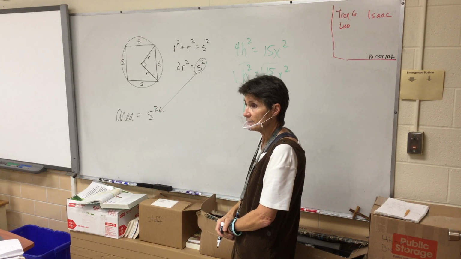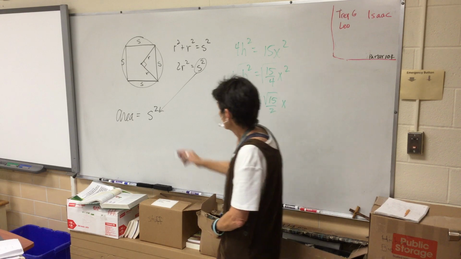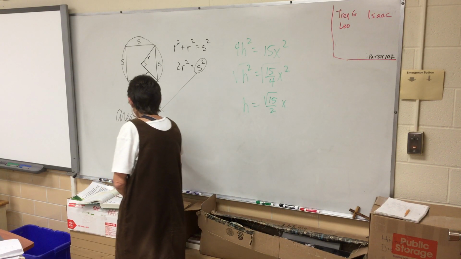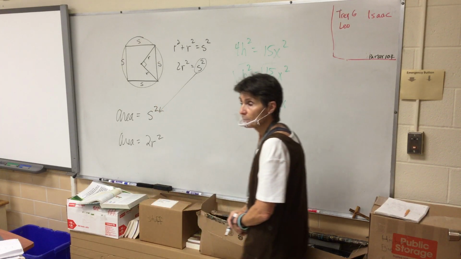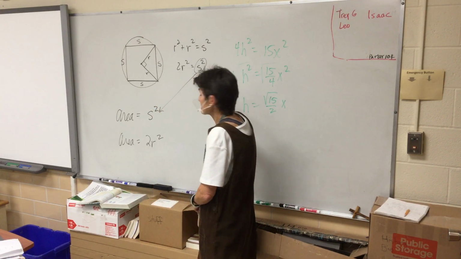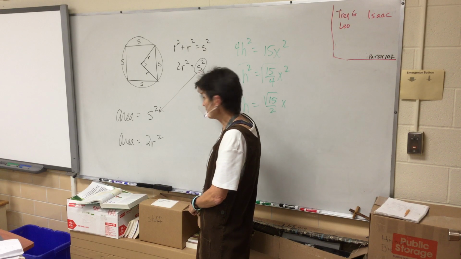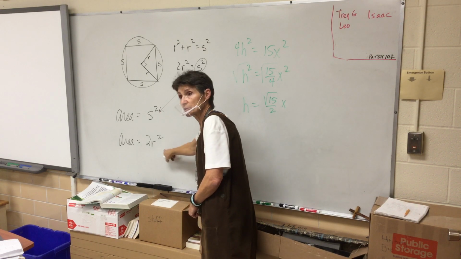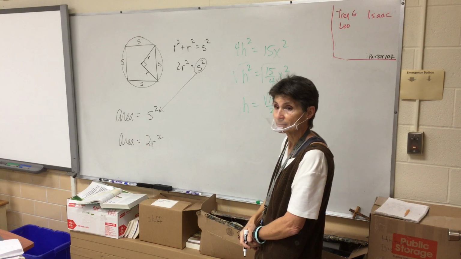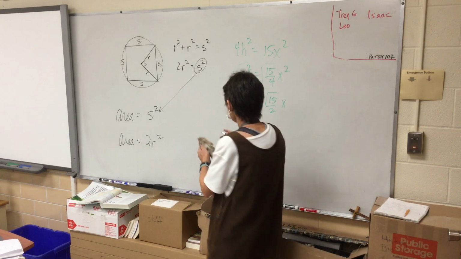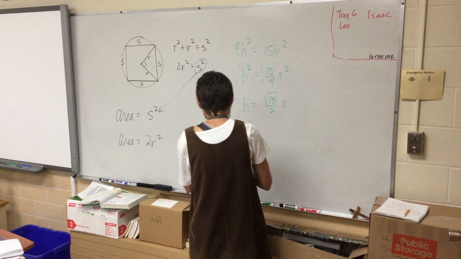Can I just plug that in? Isn't the area just going to be 2r squared? Because 2r squared is the same as s squared, and the area was s squared, so it's just 2r squared. That worked out. Easy.